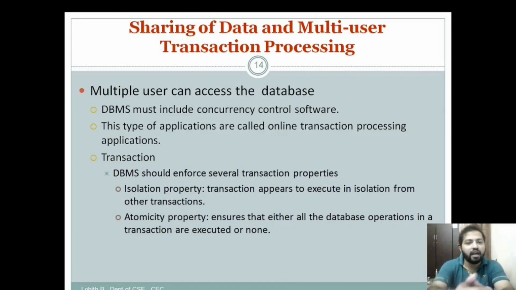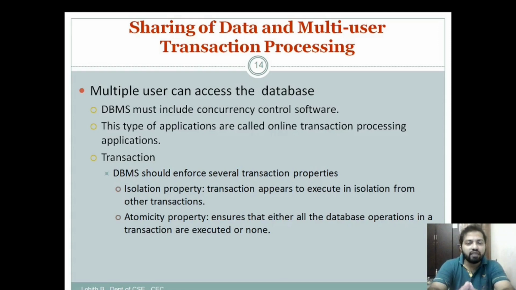A DBMS should enforce several transaction properties, like the isolation property, where each transaction should be isolated from other transactions, and the atomicity property, which ensures that either all the database operations in the transaction are executed or none.